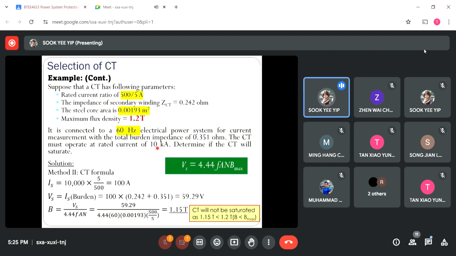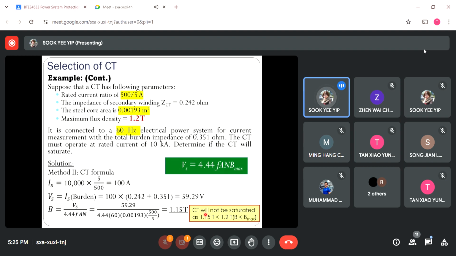So if we are measuring the 10 kiloamp, it will be 1.15 Tesla after you press your calculator, of course. After this, you cross-check with this. This value is lesser than the maximum flux density that can be stored, which indicates that the current transformer will not turn into saturation mode.